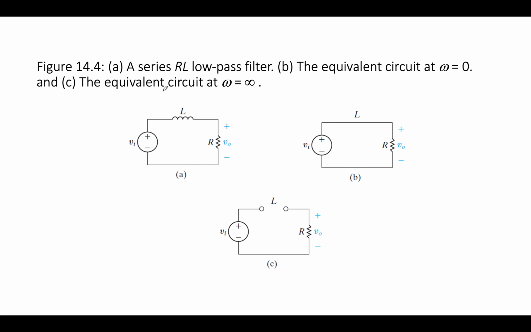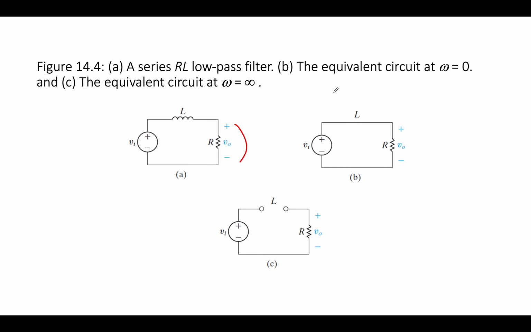All right, so let's look at a practical application. So this is an RL filter. And we're saying if we take the output across the resistor, that this is a low pass filter. So let's think qualitatively about why that would be so.